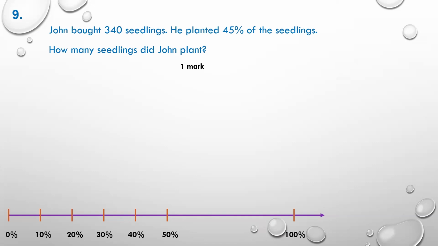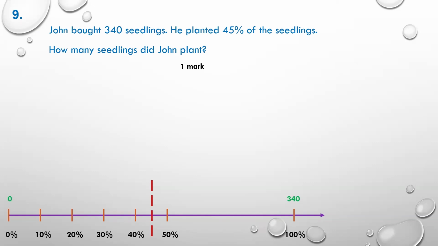So if we picture drawing a number line, we're going from 0 to 100%. And that means that 0% is 0 here. And remember that we want to find 45%. So that's halfway between 40 and 50. So 0% is 0 seedlings, and 100%, that's all the seedlings, 340.